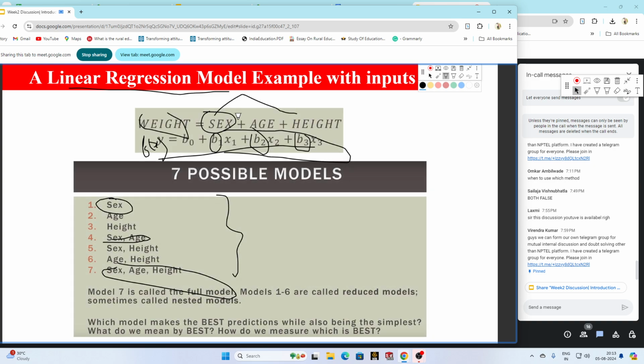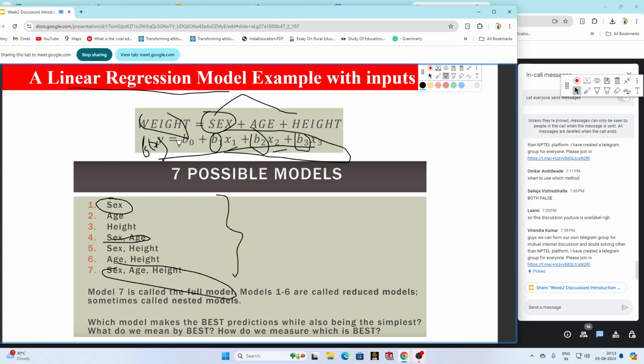In this example, f(x) is the weight of a human, and it is dependent on three input parameters. f(x) is your output parameter, and x1 is sex, x2 is age, and x3 is height. So this is an example of the linear regression model we have just discussed.